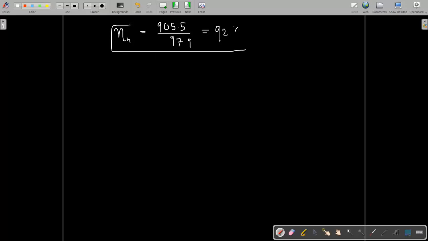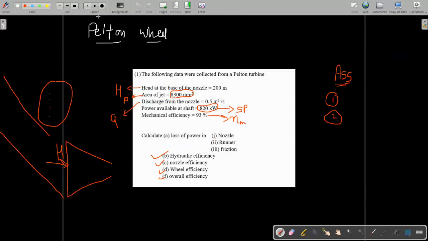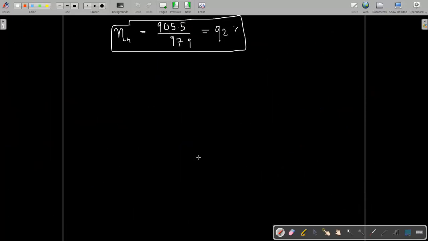So this is our efficiency of nozzle first, and whatever term we have found out we will just mark here so that we will not forget anything. So we have found the loss of power in nozzle, as well as nozzle efficiency. Now power lost in the runner. So whatever the power coming from the exit of the nozzle, that is 905.9, it is directed towards runner.